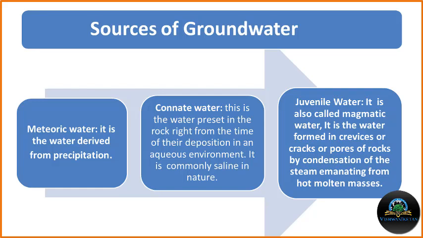They may write that the river, pond, lake, ocean or the ice caps are the sources of groundwater, but the sources of groundwater are the meteoric water, connate water and juvenile water. River, pond, lake, ocean or the ice caps are the reserves or reservoirs for the water, not the source of groundwater.